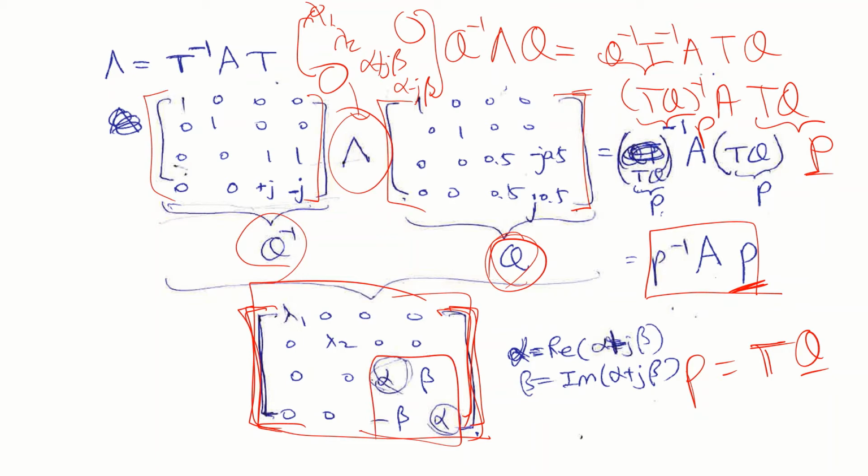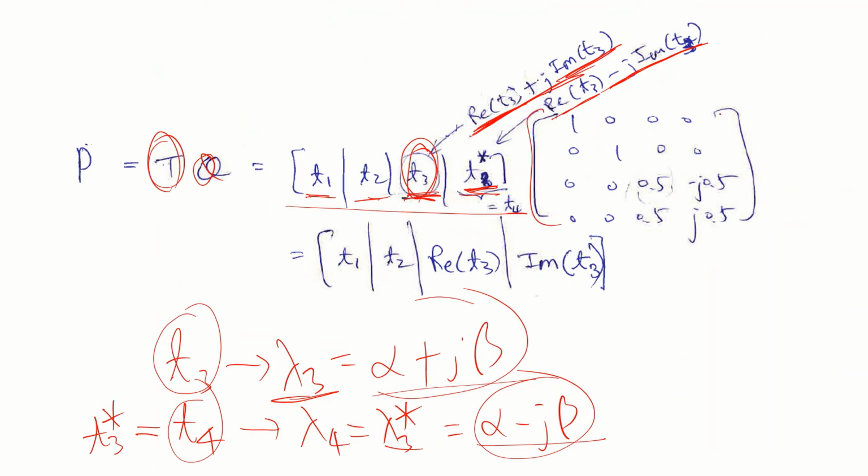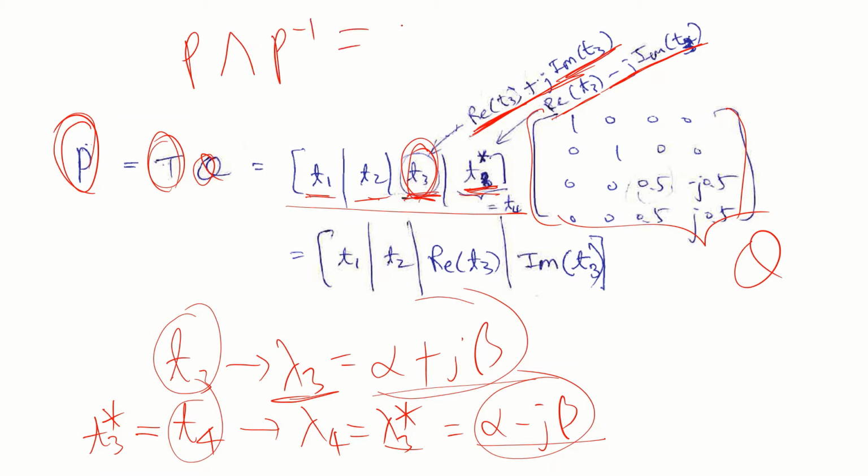You can easily check that. Now we need this P anyway, so that P lambda P inverse becomes A.